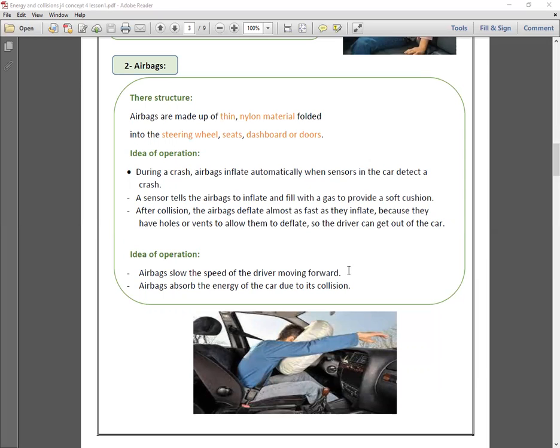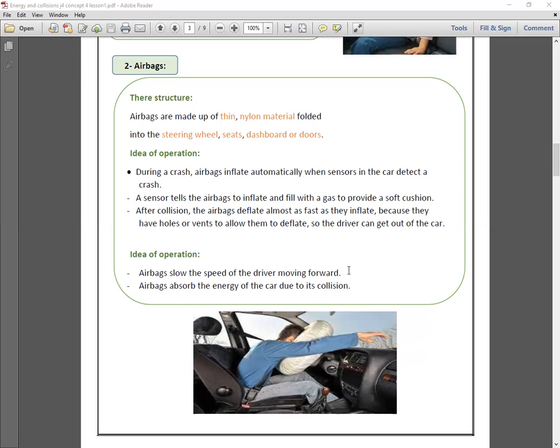So what happens? At first, we start to drive, then our speed increases slowly until it reaches a specific value. Then we crash, so the speed decreases suddenly from this high value to zero. There are specific sensors inside the cars that detect that we have an accident or a crash.